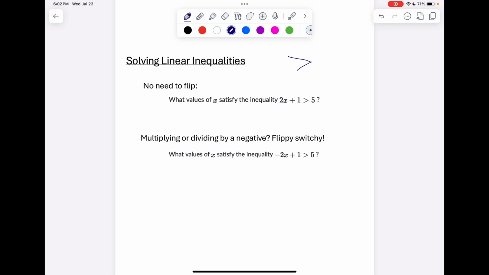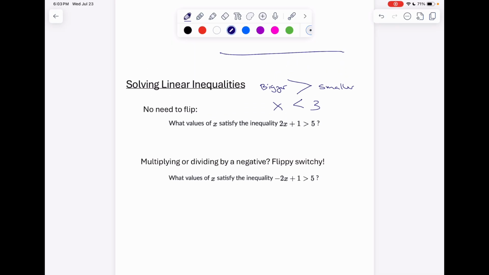The alligator mouth is very hungry, and it always eats the bigger one and points to the smaller one. So if I say x, alligator mouth 3, that means x is bigger than 3. If I switch the direction, now the alligator is trying to eat the 3, so the 3 is bigger than the x.